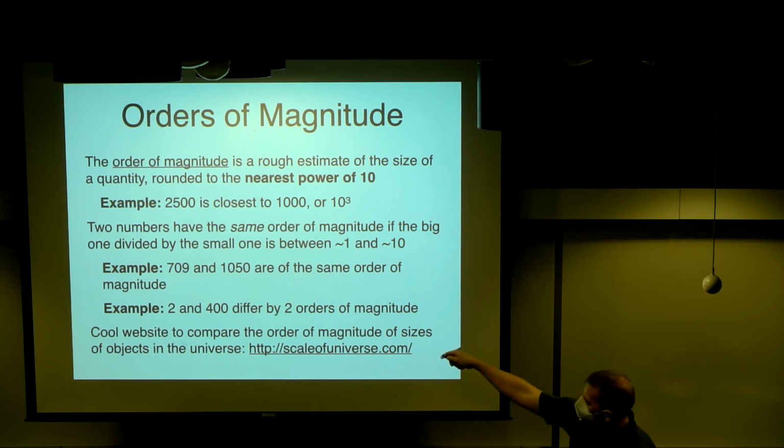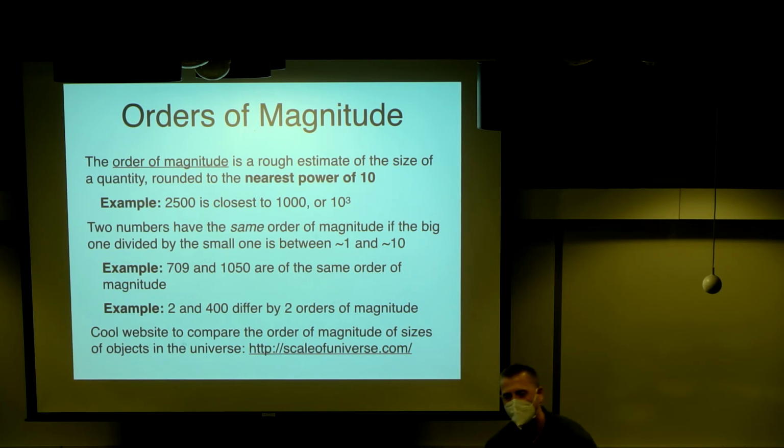Now sometimes we compare two different numbers and we try to ask, are they of the same order of magnitude? And here's how you can tell. If you have two different numbers and you take the big one and divide by the small one, if what you get is between 1 and 10, we just say that they have the same order of magnitude. So, okay, let's just do a quick example. Let's say we have 709 and 1,050.